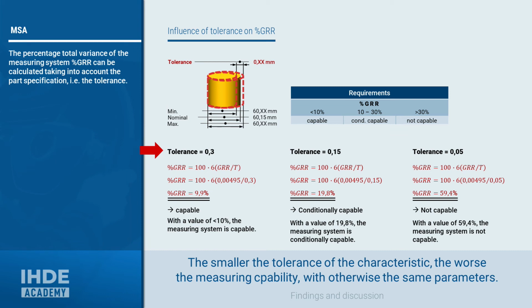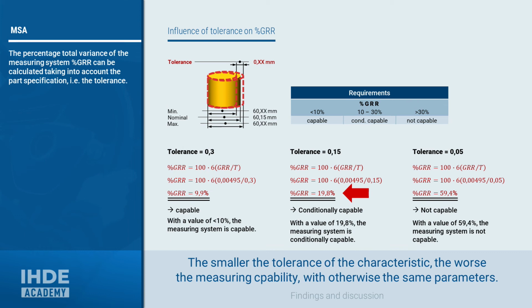Once the well-known 0.3 from our example, then half of it, 0.15, and third, 0.05 mm.